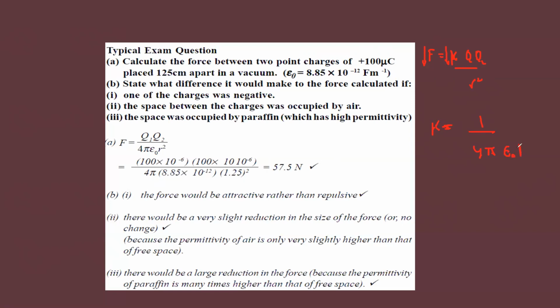So if the value of epsilon increases, the value of K will decrease. As the value of K decreases, the force between the charges will also decrease. Is it clear? That was part B, B2.